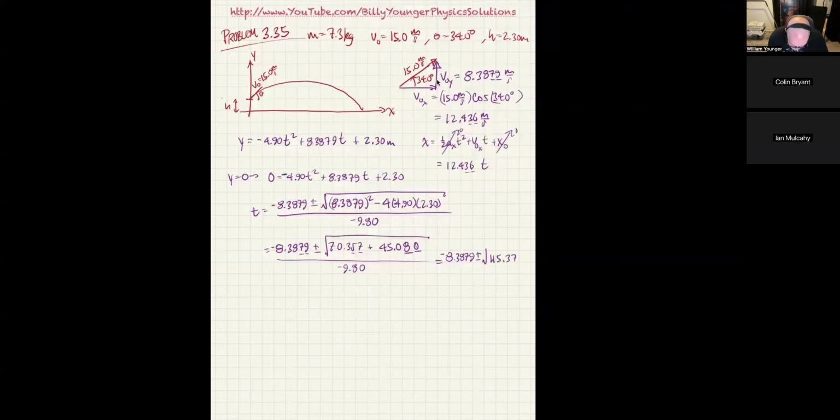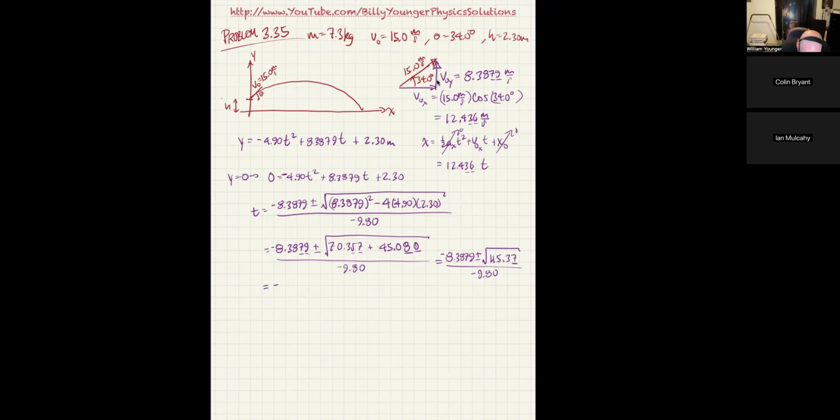Now, they were only good to one decimal place, so that 7 is not a sig fig. So at this point, I'm going to take the negative divided by a negative, and then minus a negative is going to make nothing but positive. If I figure out what the square root of this 115 is, then that's 10.74.